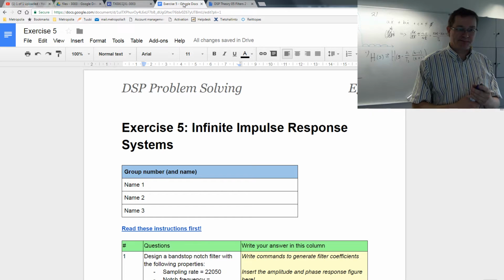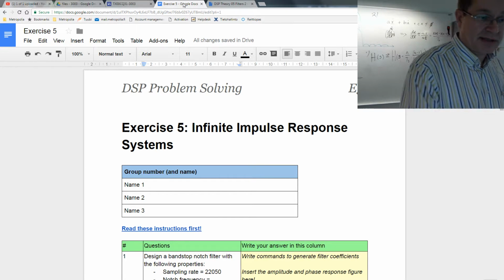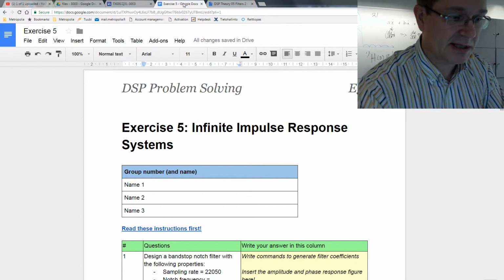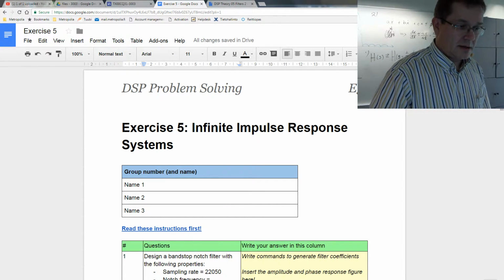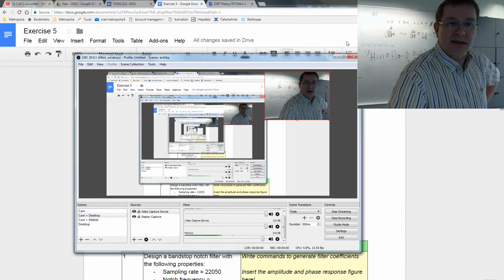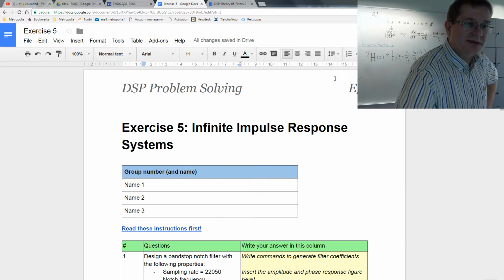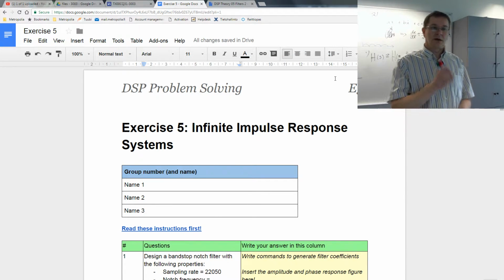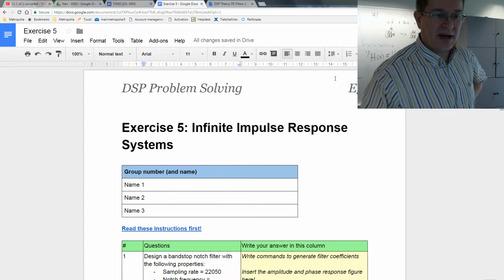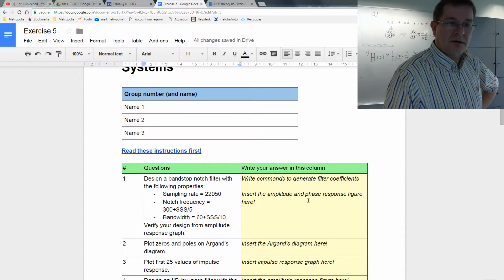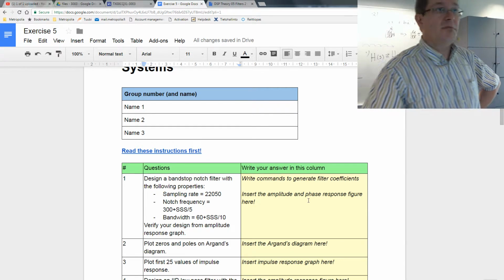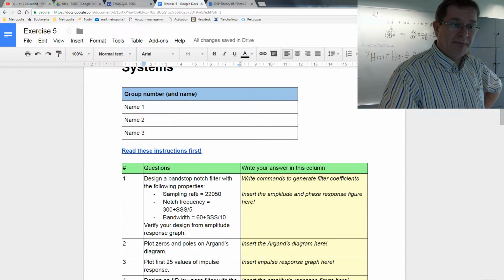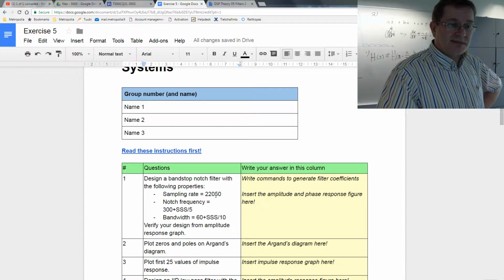About the exercise, I'll go through some of these with you. Okay, so now back to the exercise. Exercise 5: first, we do the direct design by putting in these notches.